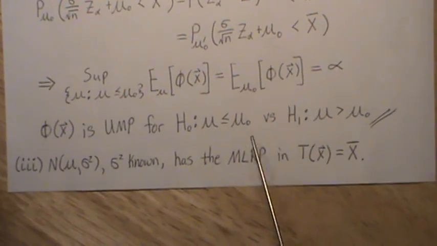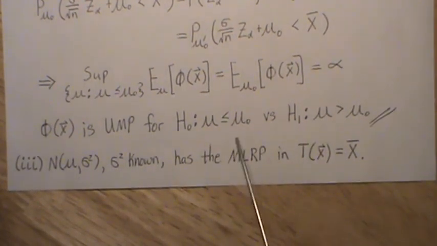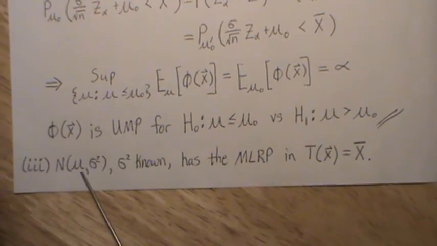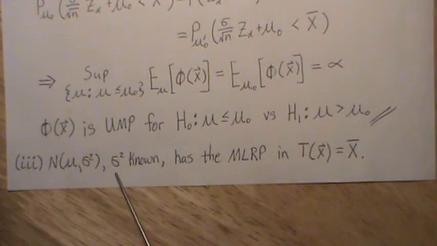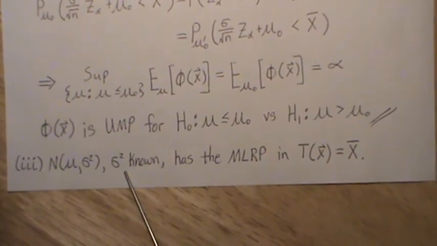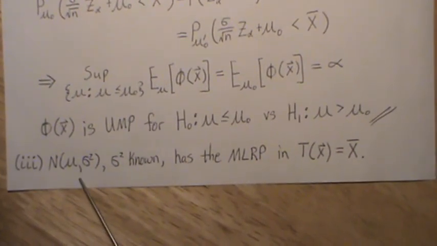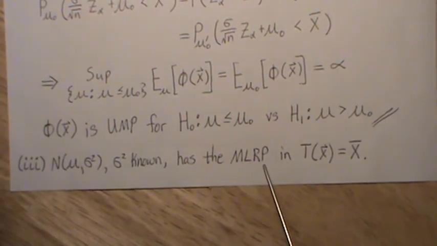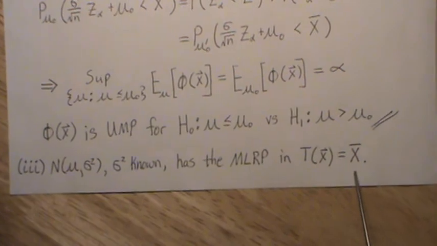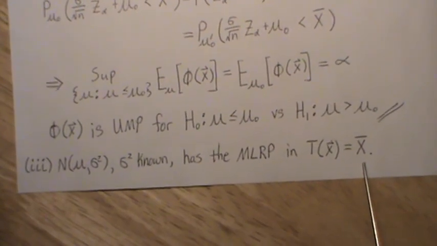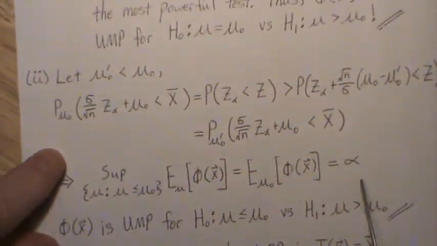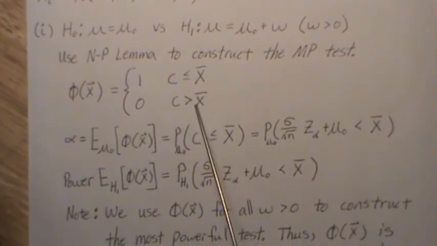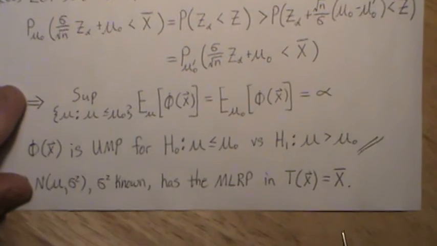And one of the reasons why we can conduct a uniformly most powerful test in this setting is because when sigma squared is known, the normal distribution has the monotone likelihood ratio property in the test statistic x bar. That's one of the assumptions that we'll have to make to prove some theorems. And notice that's the test statistic we use for this.